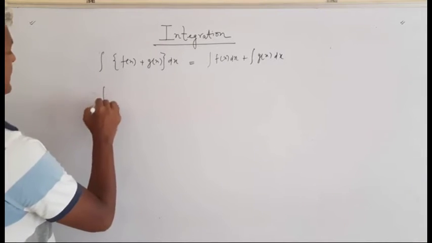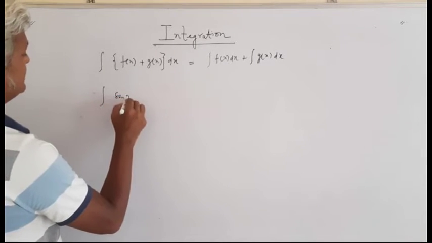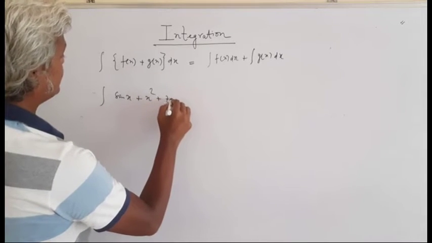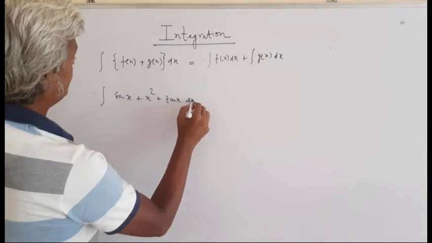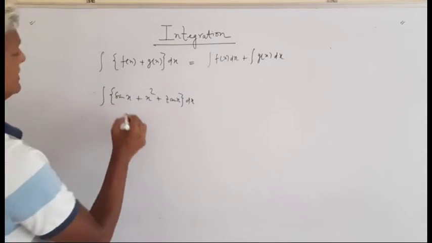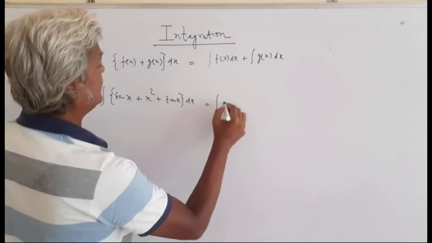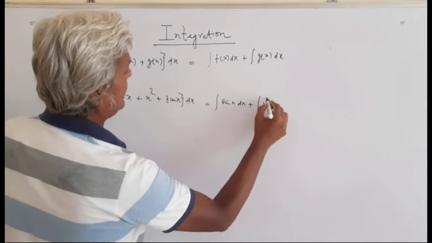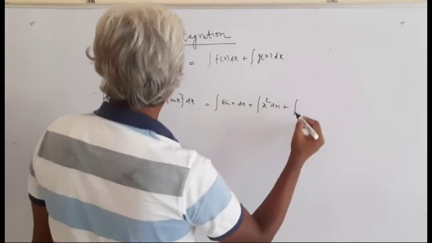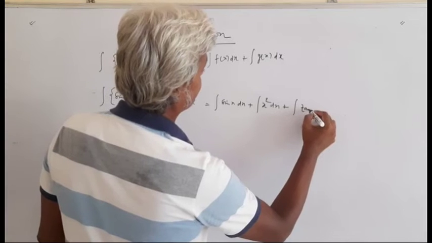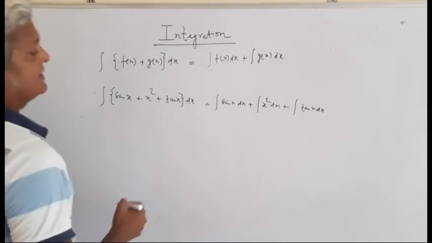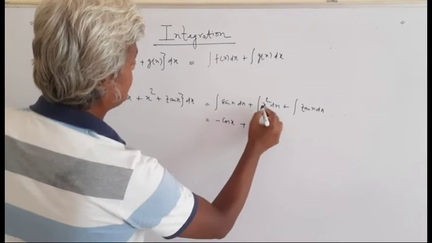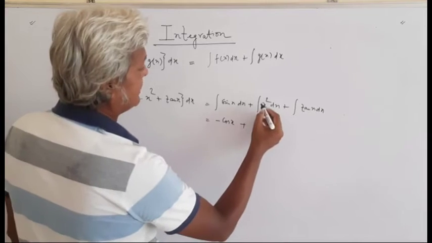Let me take one example. Suppose I write integration of sin x plus x square plus tan x dx. Then what you have to do is make it integration of sin x dx plus integration of x square dx plus integration of tan x dx. Now integration of sin x is minus cos x, plus integration of x square, which is of the form x to the power n.